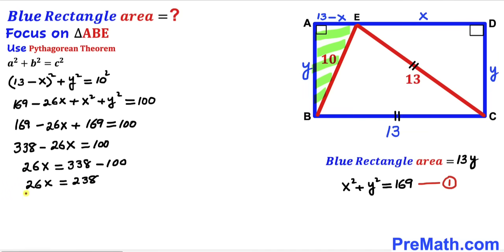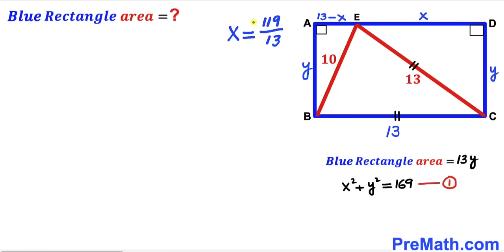Now I'm going to divide both sides by 26 to isolate x. Here we can see 26 and 26 are gone. So our x value, if we reduce the right hand side, is 119 divided by 13 units. Thus our x value turns out to be 119 over 13.